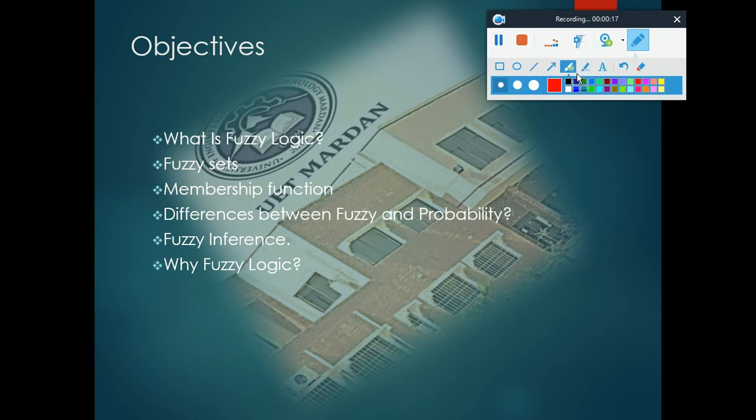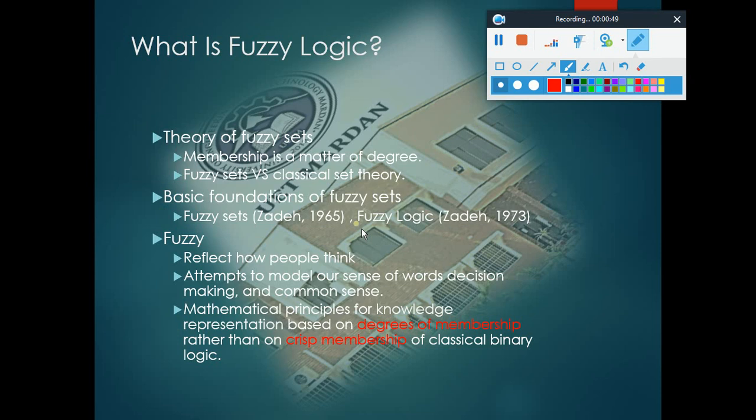Now the lecture consists of what is fuzzy logic, what are fuzzy sets, membership function, difference between fuzzy and probability, fuzzy inference, and why we use fuzzy logic. So today is a marathon lecture. Marathon lecture means that it will be somewhat lengthy lecture.